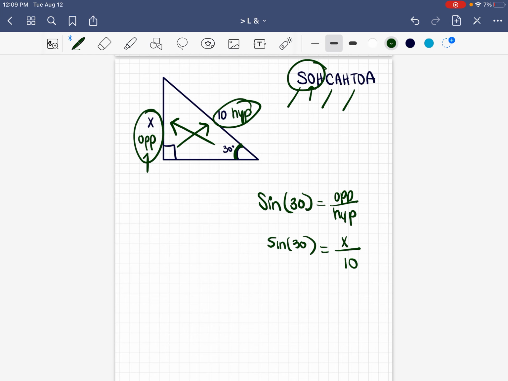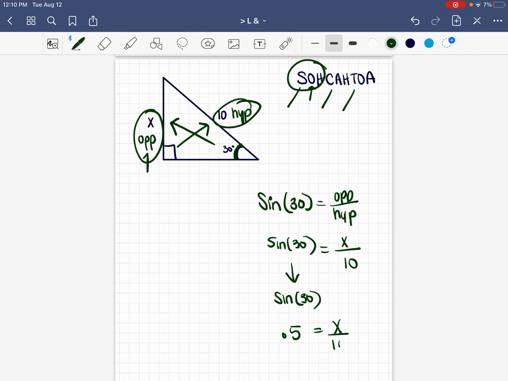Because we now know what the measure of the angle is, instead of entering into our calculator second sine, we're going to forget about that. We're just going to enter into our calculator sine, then a parentheses, put in the number 30, close the parentheses, hit enter, and then you should get 0.5.